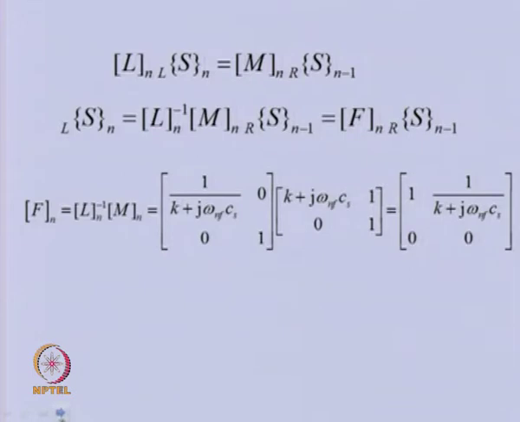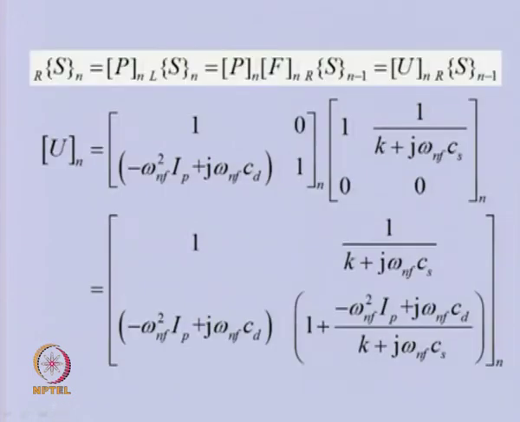So, once we have obtained this field matrix and the point matrix, we can get the transfer matrix. This is the point matrix relation, and if we substitute the previous expression which includes the field matrix, we can relate the state vector right of the nth disk and the right of the n minus 1 disk.